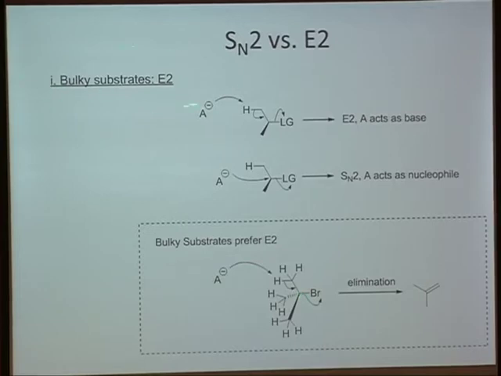If you have a bulky substrate like that, you would prefer to pick up a proton from the periphery than to attack on the carbon. So to decide between SN2 and E2, see if the substrate is bulky or not. If the substrate is bulky, you would do an E2 rather than an SN2. By bulky, I mean this center should be tertiary. Let's look at an example.